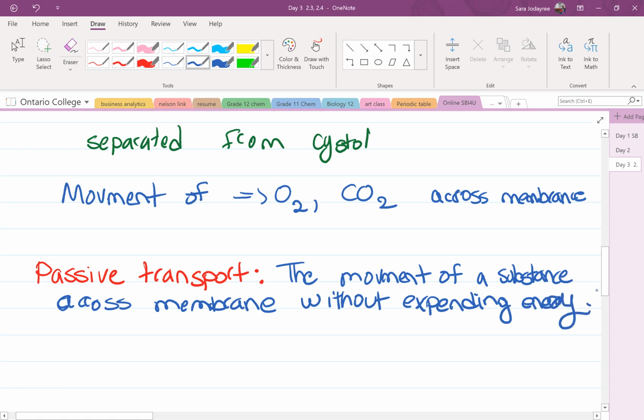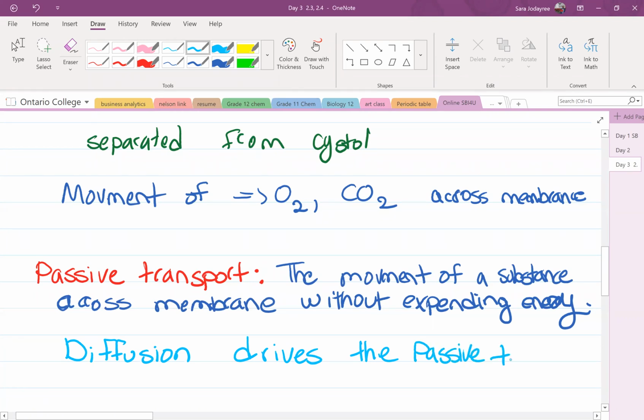Okay, now that is passive transport. So diffusion drives the passive transport.